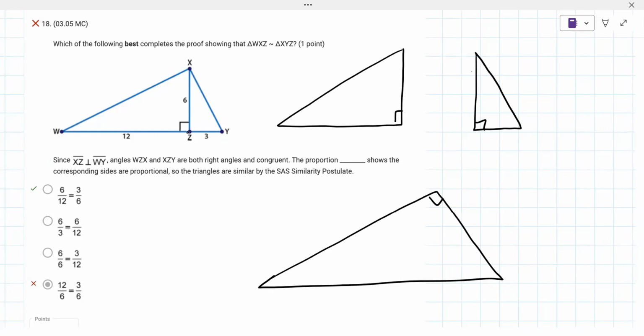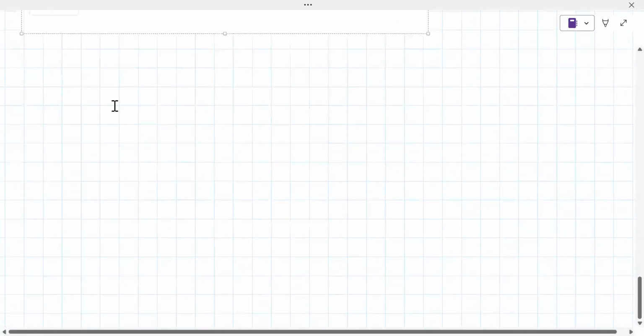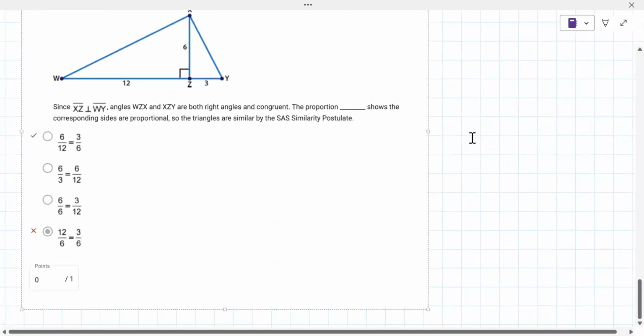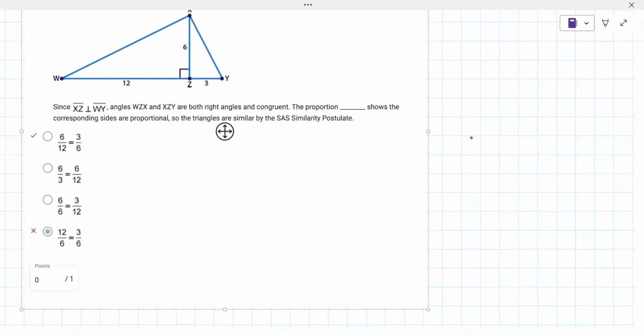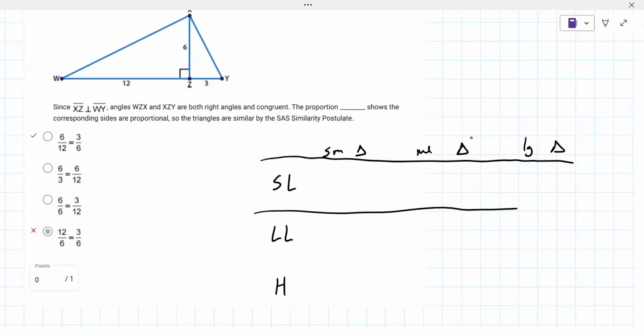Now there's a way to do this problem. It takes a little bit of extra work, but in each triangle, there's a small triangle, a medium triangle, and a large triangle. And there is a short leg, a long leg, and a hypotenuse. You won't do this every time, but I'm going to do it for one problem here.